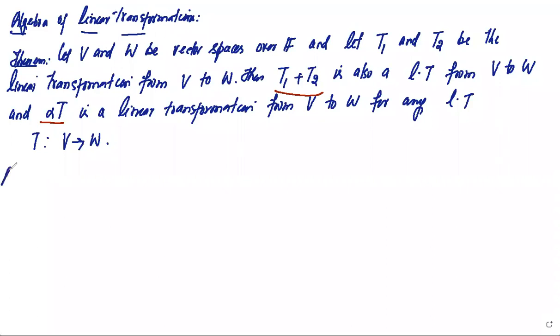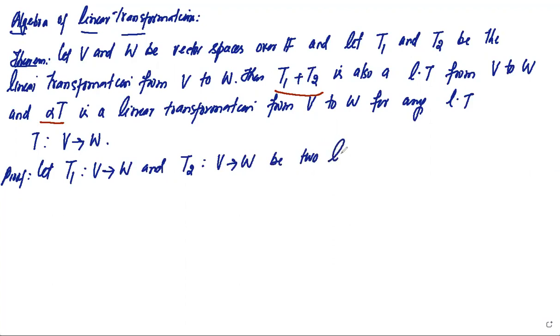Now the solution for it. So first let T1 from V into W and T2 from V into W be two linear transformations.